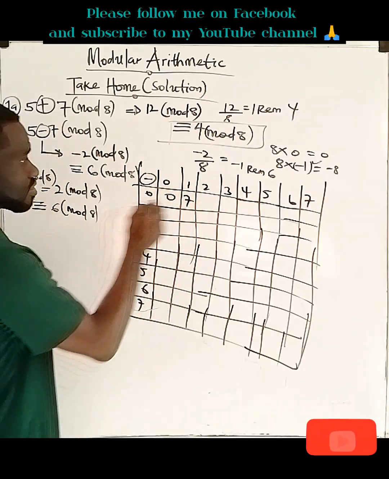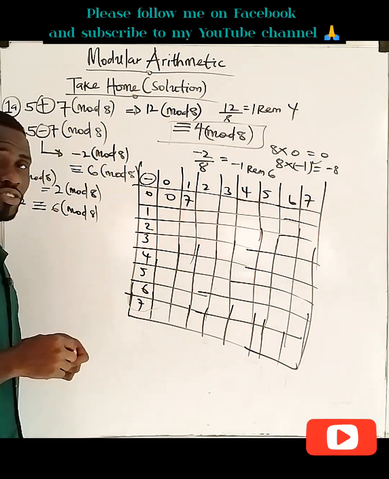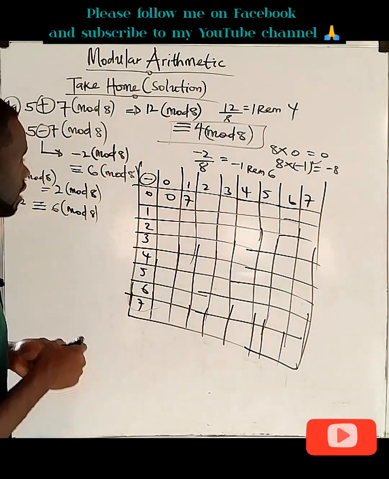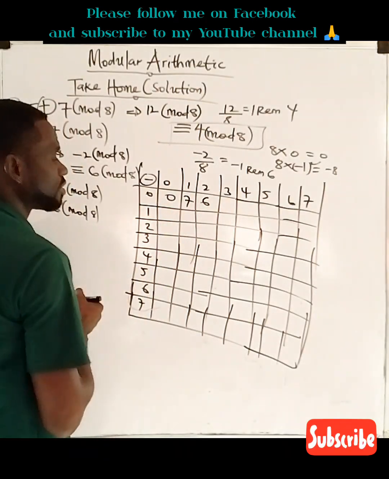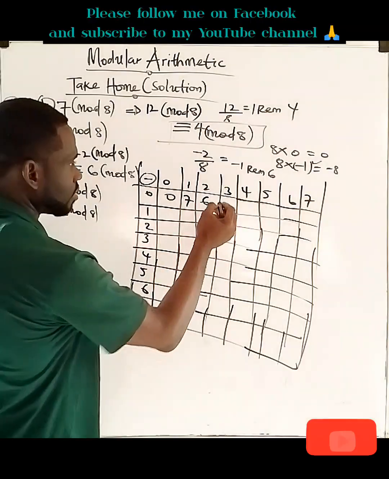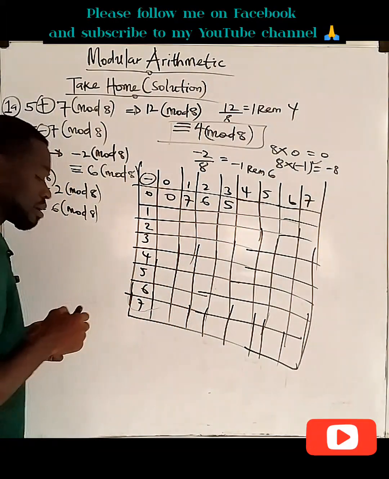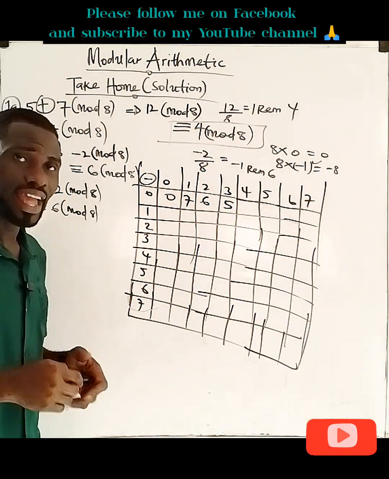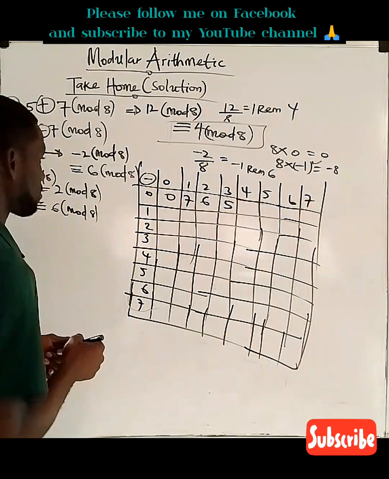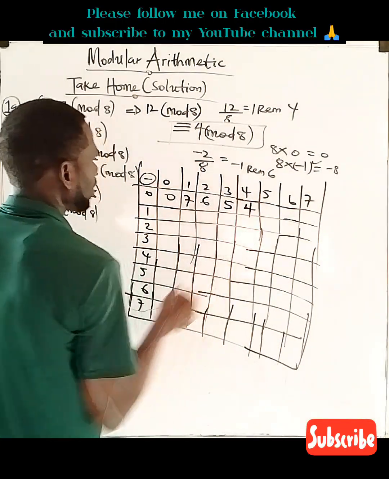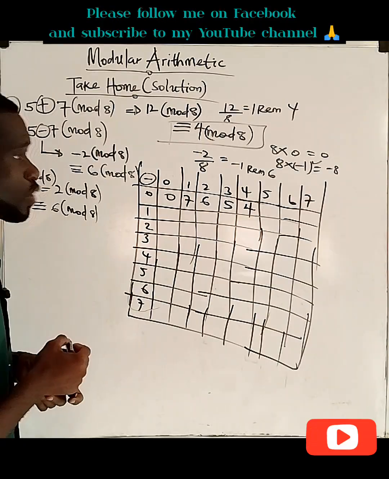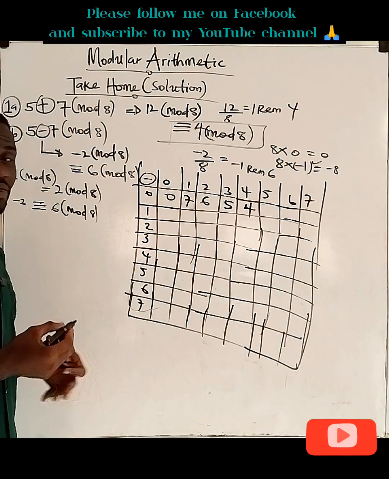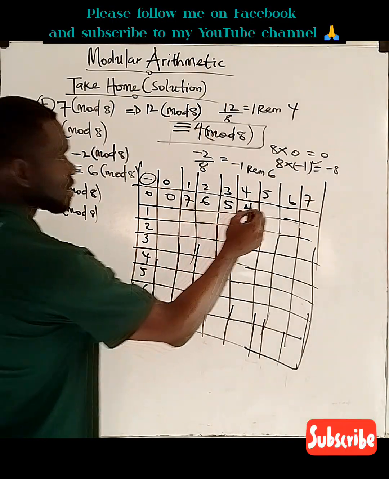Don't forget that. 0 minus 2 is minus 2, written in modulo 8, that will give us 6. 0 minus 3, minus 3 in modulo 8, that will give us 5. 0 minus 4, minus 4 in modulo 8, that will give us 4. Nothing changes there. So 0 minus 5 is minus 5, that in modulo 8 will give us 3.